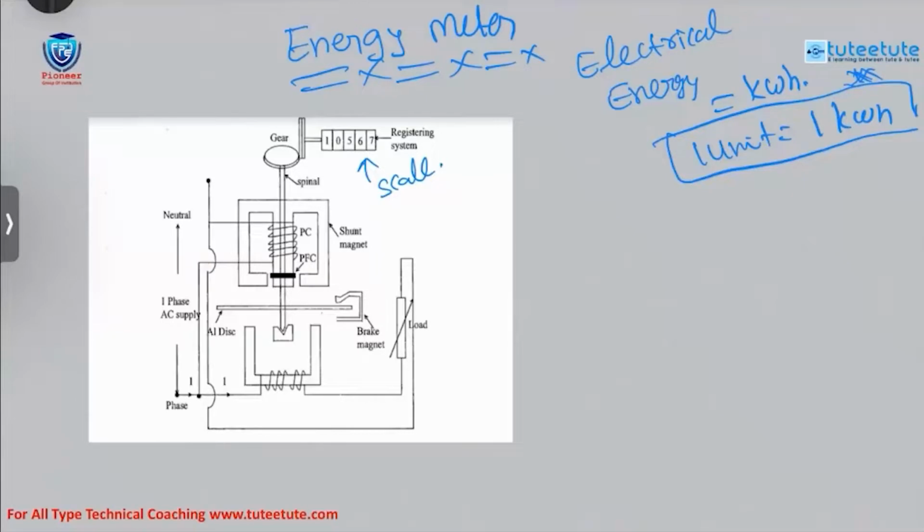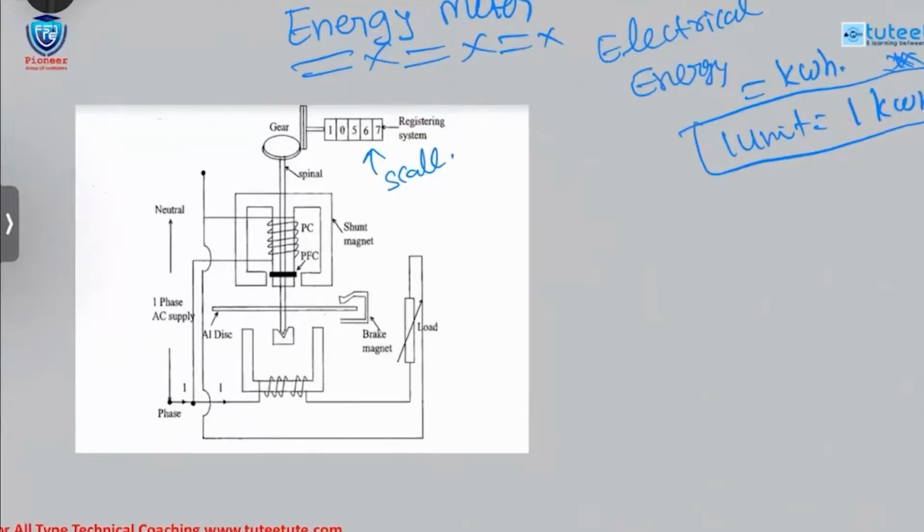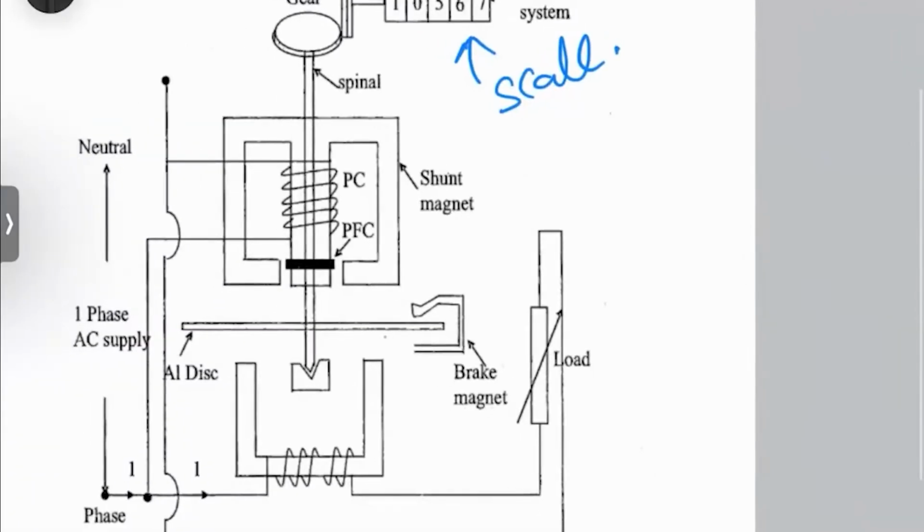Coming to the electromechanical energy meter, it is also similar to a watt meter, with almost the same dynamometer principle, with small constructional differences. Here, this is called the current coil, and this is called the pressure coil.